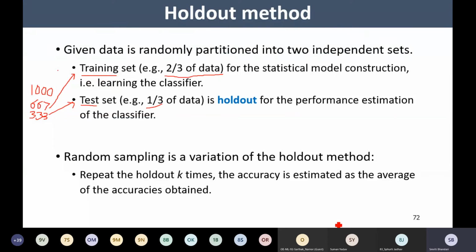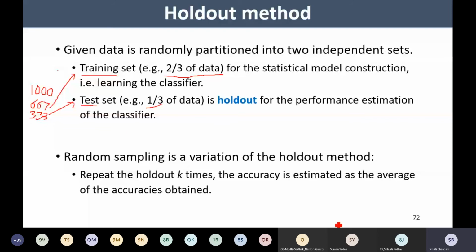So it will not make sense to partition that data. How many samples to use for training and how many for testing will not make sense to evaluate the performance of my model. So that is another drawback.